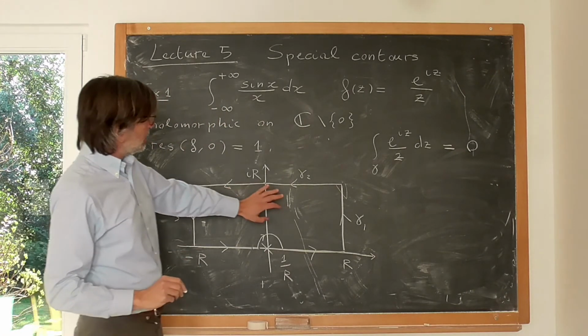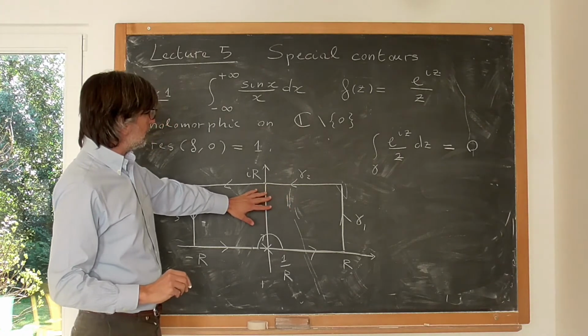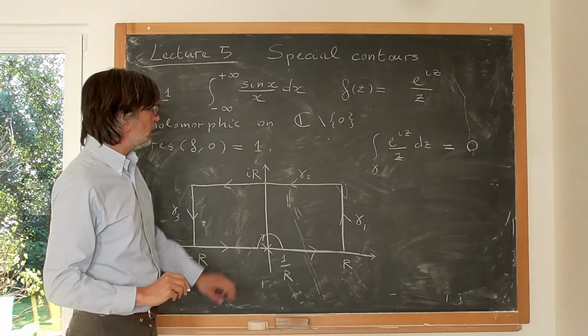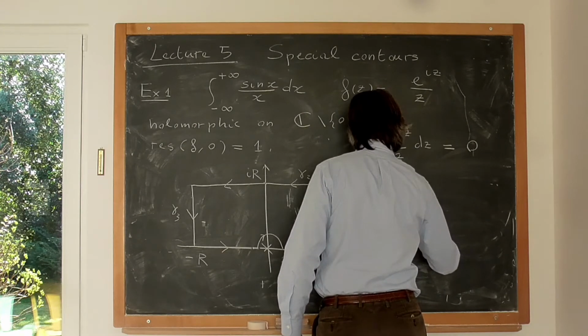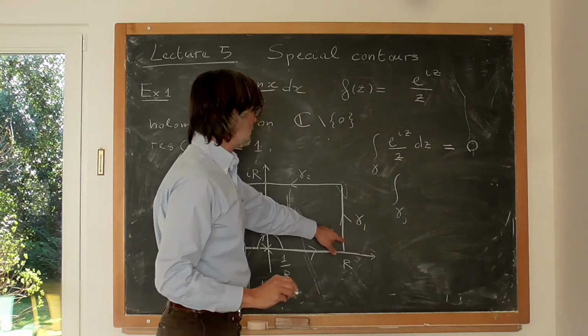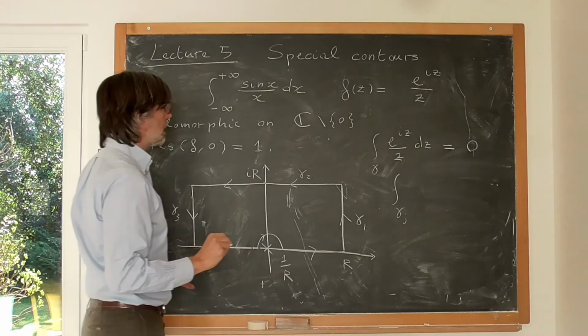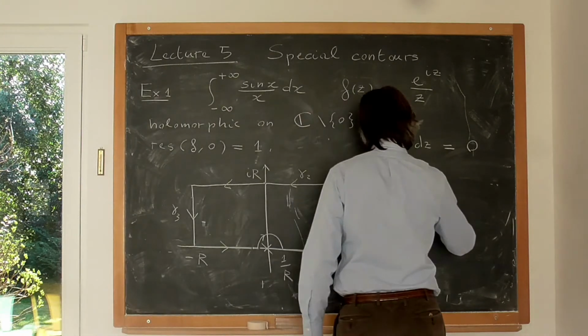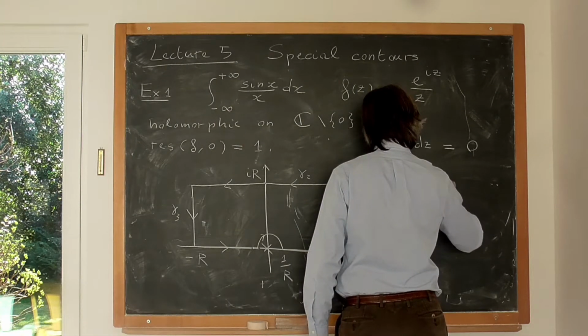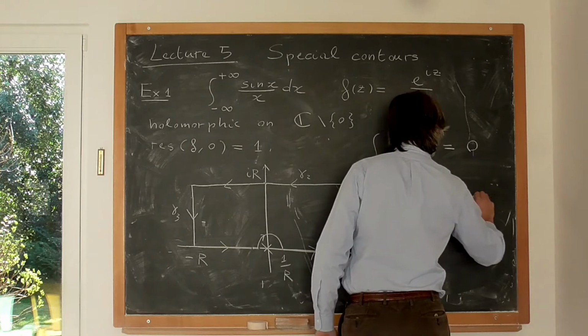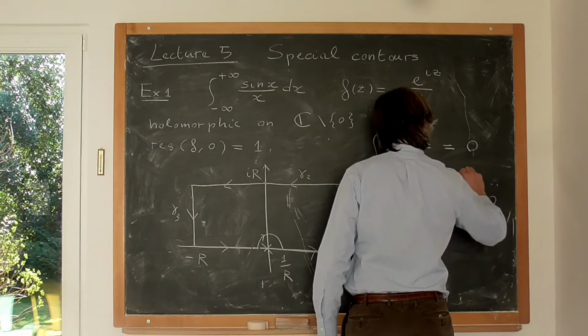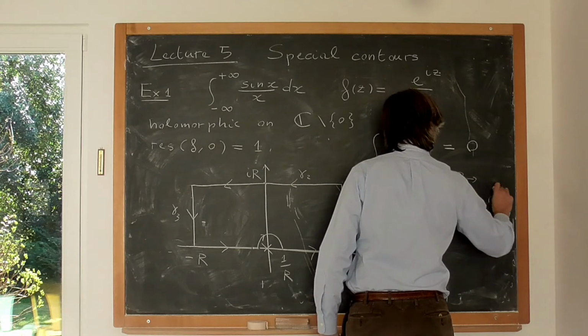Moreover, arguing exactly like for the integrals of type 3, we know that the integral over each gamma j, either gamma 1, gamma 2, or gamma 3, all of these integrals tend to 0 when R goes to infinity.